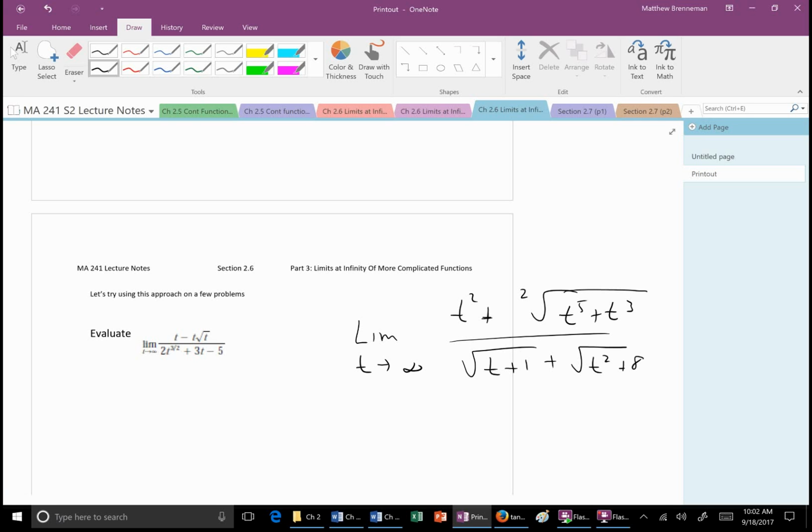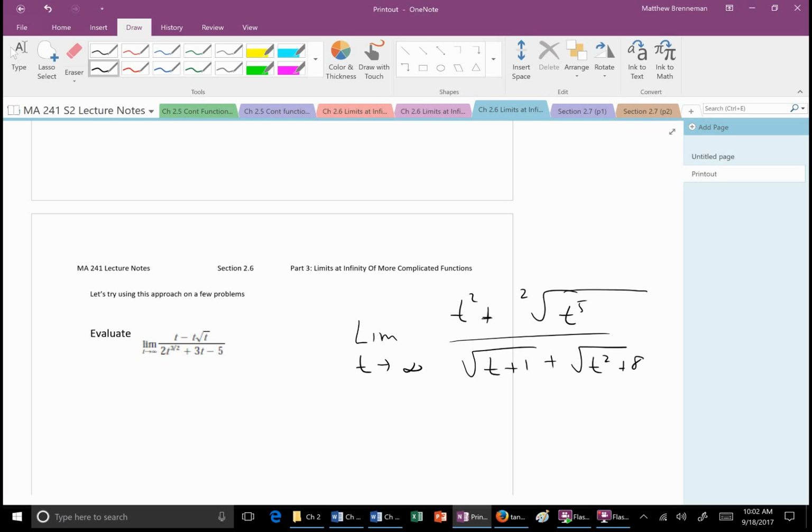I say, okay, what is the principle? The principle is I'm interested in the leading term. I don't know what it is here, maybe, right at the top of my head. But what I do know is that for this part of the expression, this is the leading term. So then I would just say, okay, let's ignore that t cubed. Then I'm going to have to compare these exponents, right?